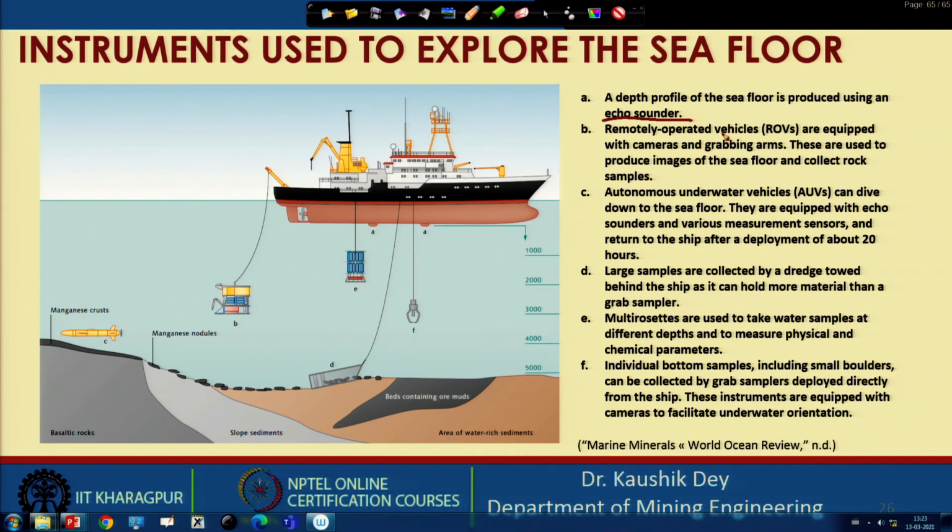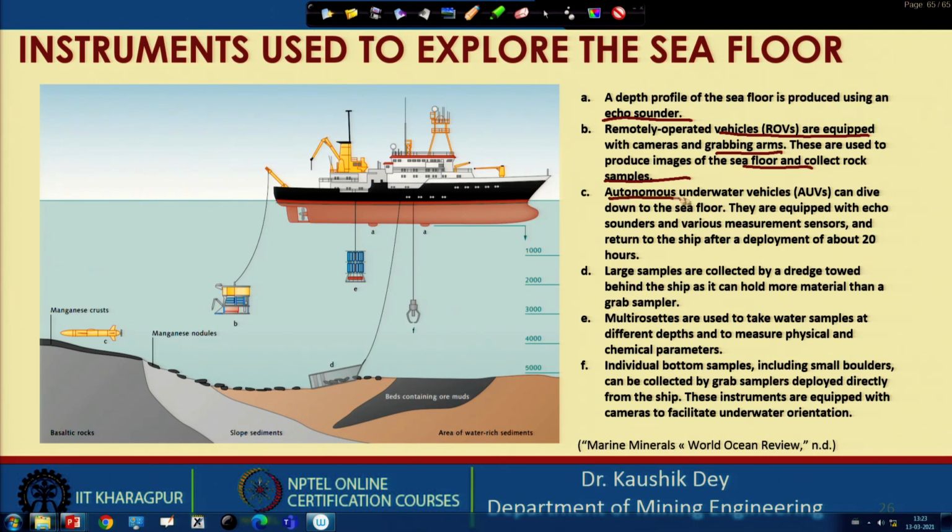Then remotely operated vehicles are sent with a camera and grabbing arm, so that samples can be collected from the sea floor as per the image obtained by the operator at the sea, and under this guidance the grabbing arm will grab the material.